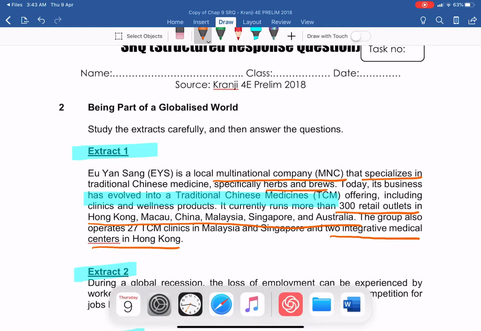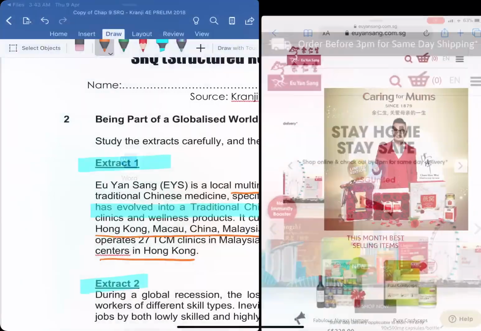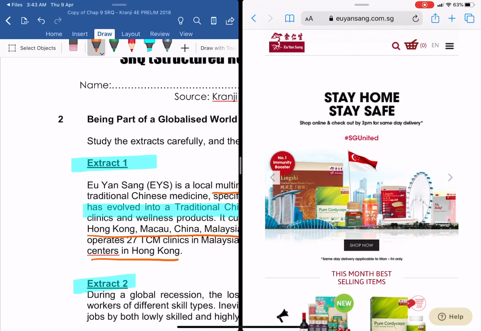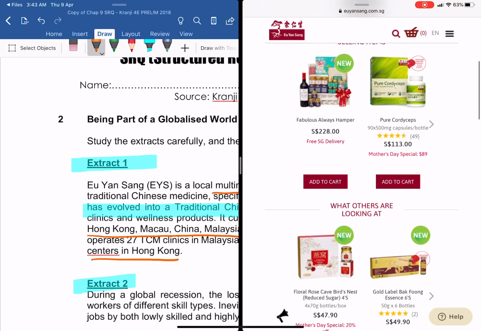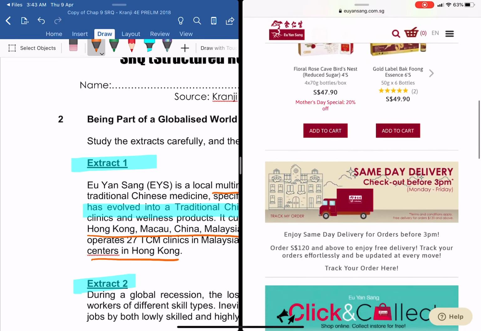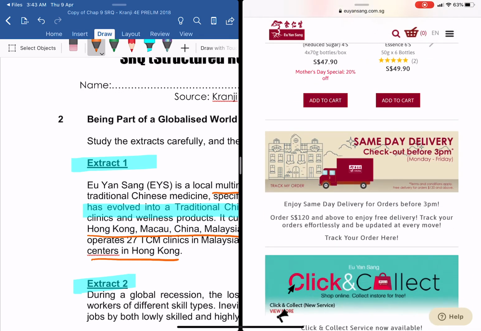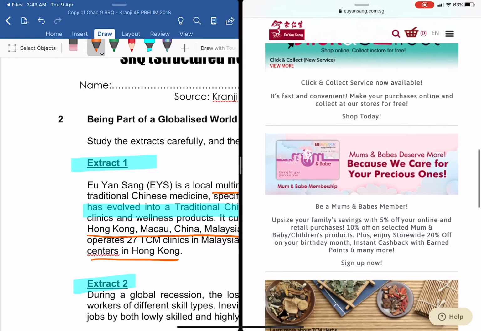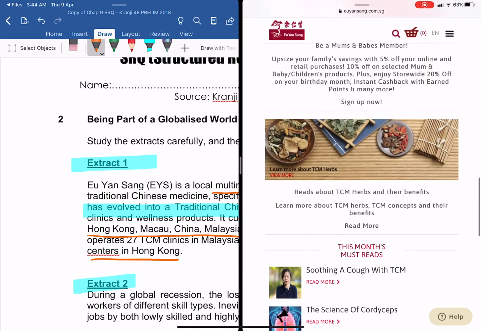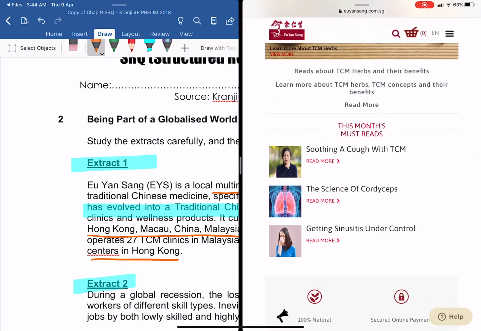And if I could just show to you, I hope you can see it, this is Yu Yan Sheng's website, and you can see that it is very updated. Look at this, same day delivery, all these kinds of things. They even have click and collect, and they even give you advice.